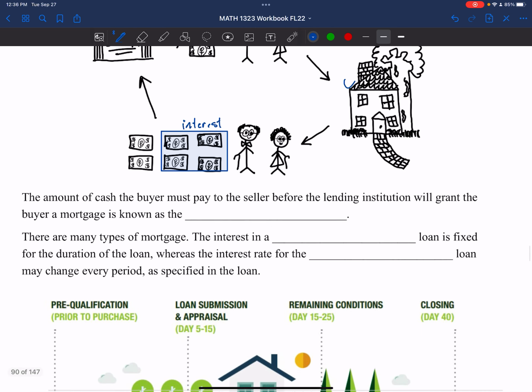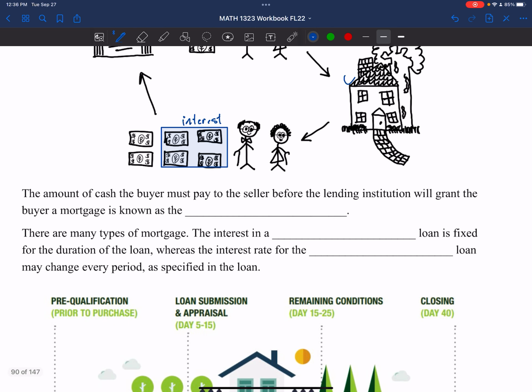The amount of cash the buyer must pay to the seller before the lending institution will grant a buyer a mortgage is known as the down payment. So this is the pay before, the money up front, so that's your down payment. There are many types of mortgages.